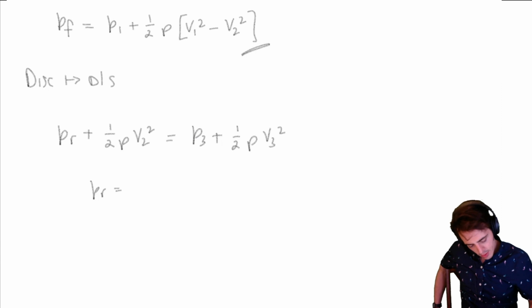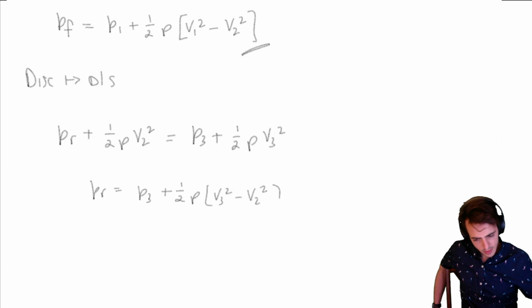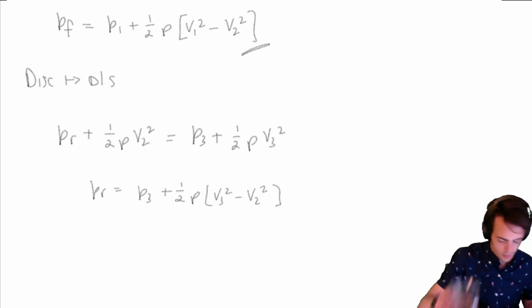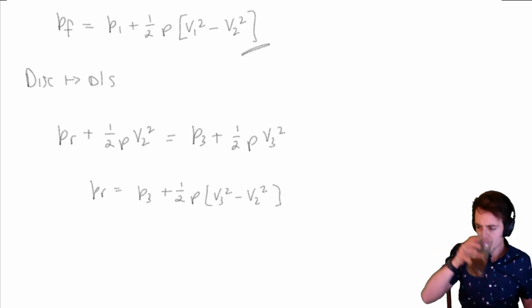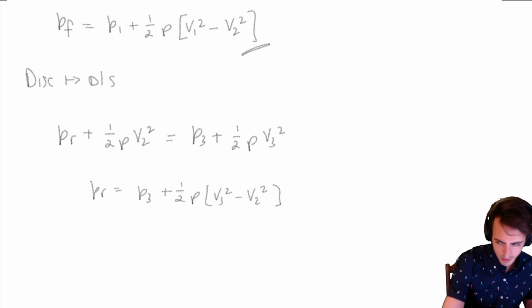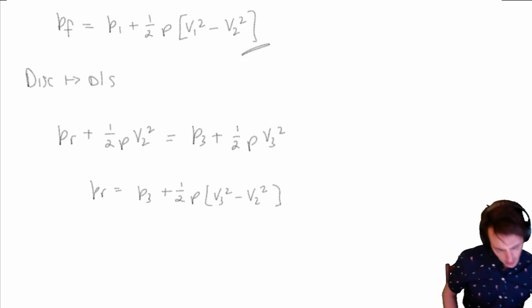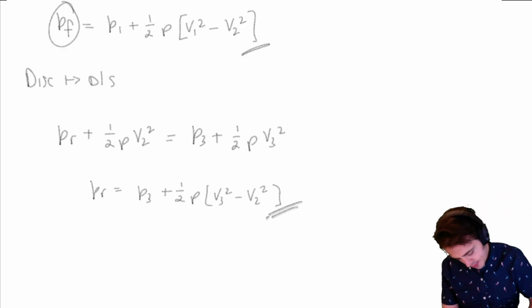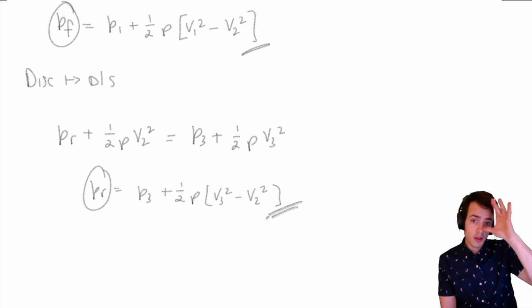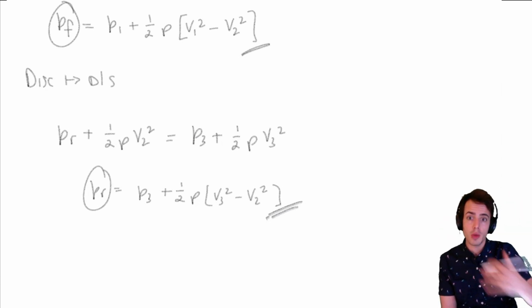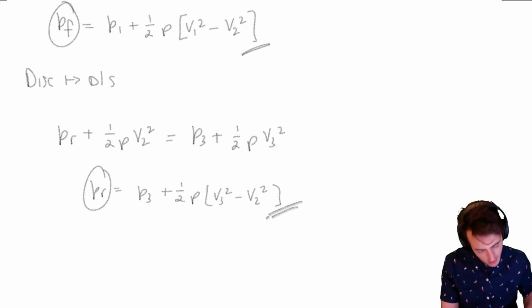PR is equal to P3 plus a half rho V3 squared minus V2 squared. So now we've got these two, we've got PF and we've got PR. We can use these to express our pressure discontinuity, which is what's causing the thrust.